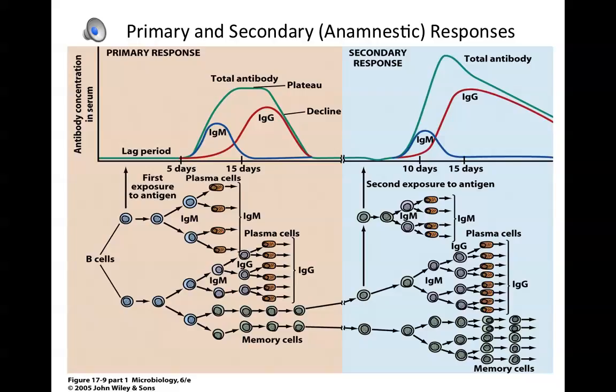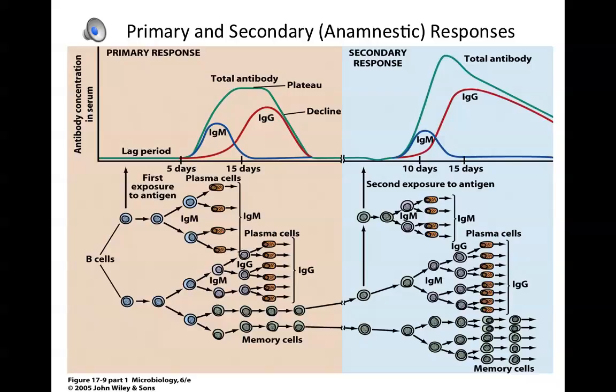In each case, for both T and B lymphocytes, there's a small percentage, roughly 20%, of these activated cells that are sitting on the sideline in the form of memory cells, so that the next time we encounter the same pathogen, our bodies can mount a more rapid and powerful immune response called the anamnestic or secondary response.